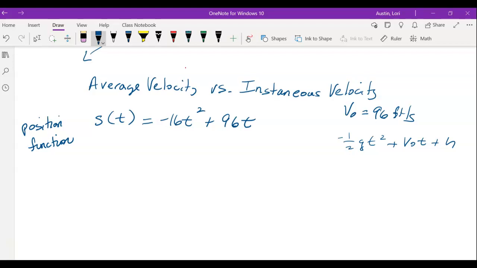So again, we have time and we have position, we know. So where does velocity come from in any problem? Does anybody know? If we know how far it's gone, and we know the amount of time it took to get that far, how do we get velocity?